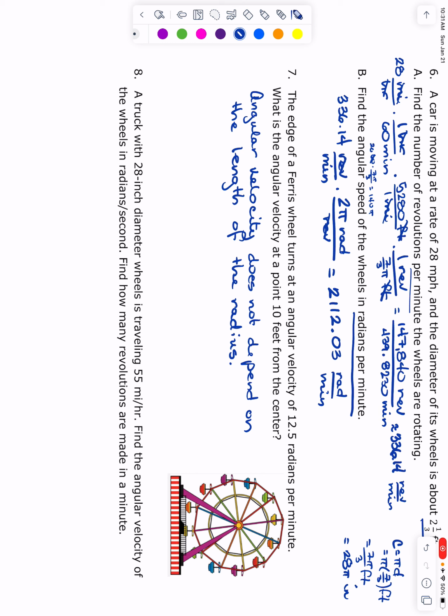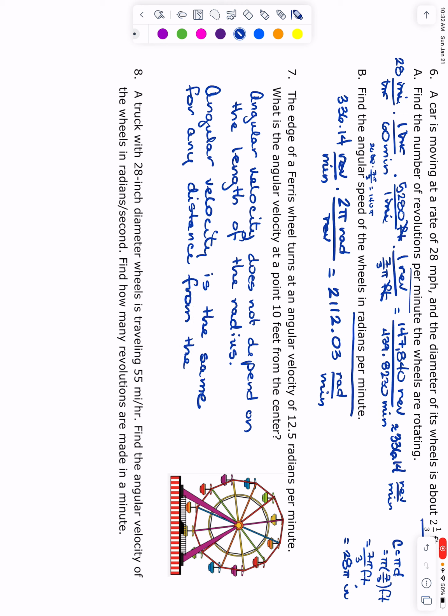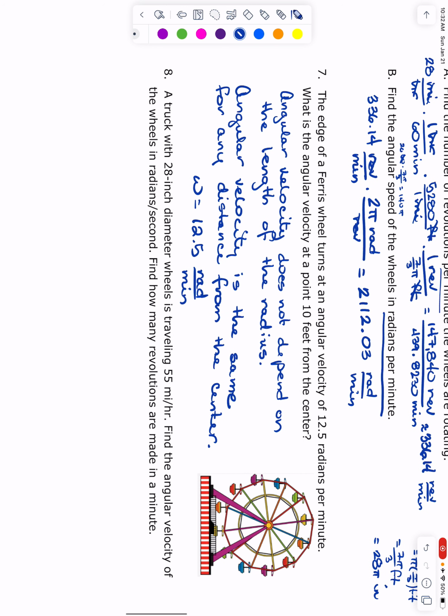So the angular velocity is the same for any distance from the center. That means our angular velocity here is 12.5 radians per minute. Woohoo!